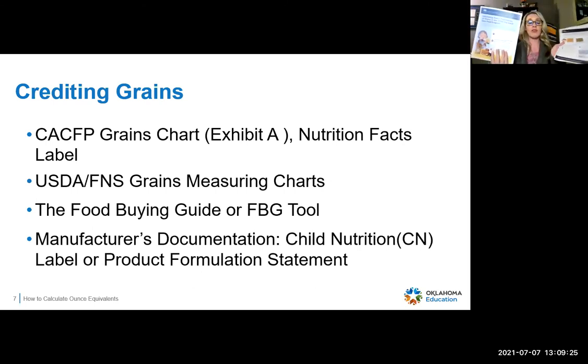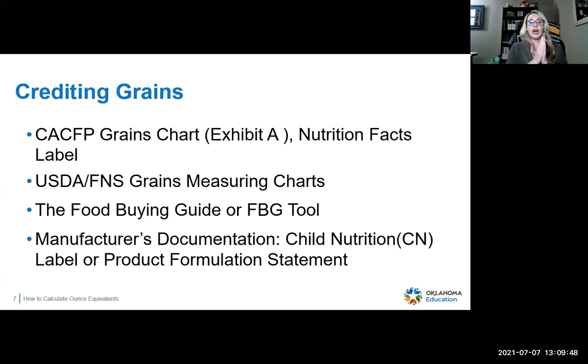These are the handouts from F&S, and these are located in the resource library. We're also going to talk about the food buying guide, which is also in the resource library, or there is an app, a food buying guide app, or you can just type in food buying guide and use the online version. The online version and the app are interactive, so I think you would like it much better.